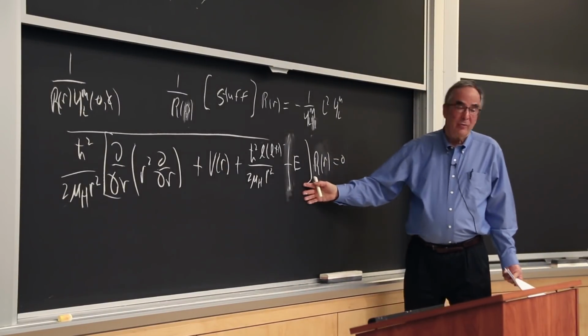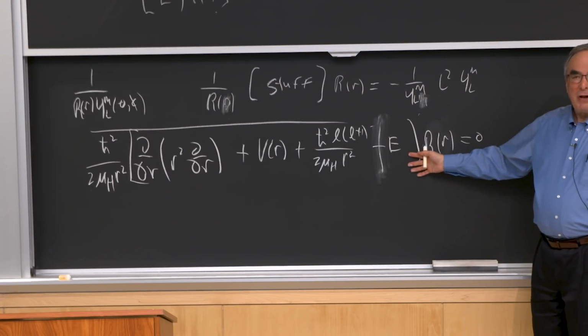So that's the Schrodinger equation for the radial part. It looks a little bit annoying.